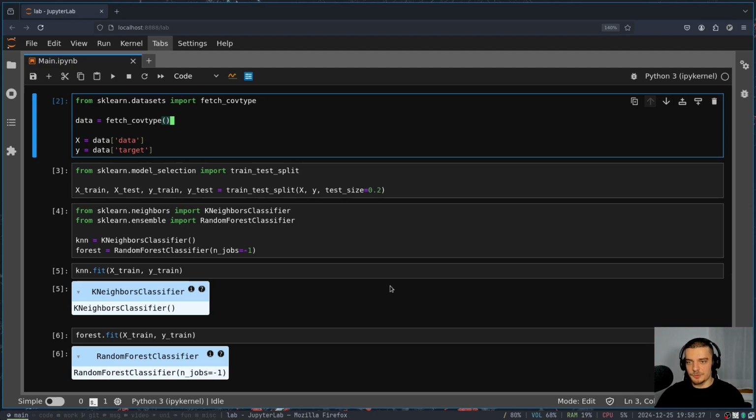Now, just briefly, for those of you who don't know what classification is, it is a machine learning task where we're trying to assign instances to specific groups or classes. So for example, we might have different images, and these images can represent a cat or a dog or a horse, different animals, and then taking such an image and determining whether what we see in this image is a cat or a dog or something else.